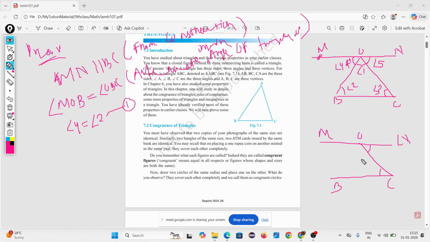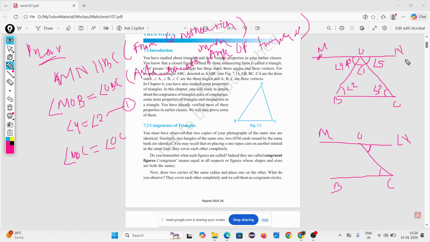By drawing this diagram we understand that OC is the transversal between MN and the parallel line BC. So same thing, angle MOC is equal to OCB.